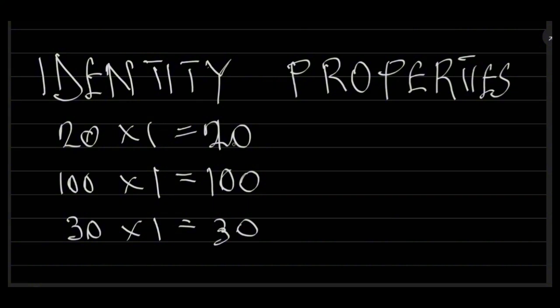Immediately 1 changes, the value also changes. So because the identity of the numbers being operated on hasn't changed, we say that 1 is the identity for multiplication.